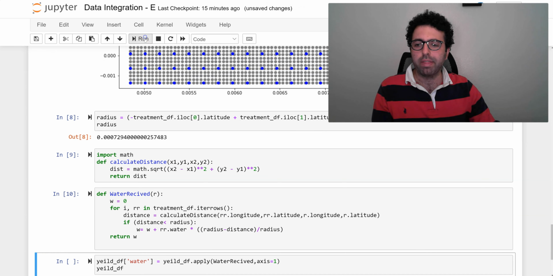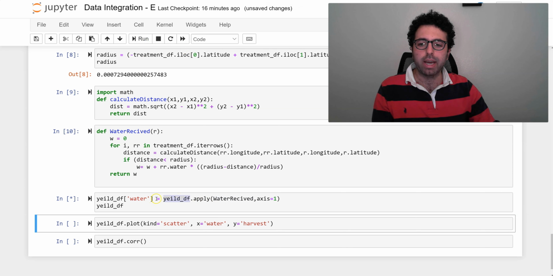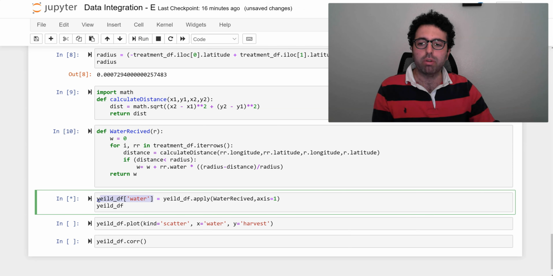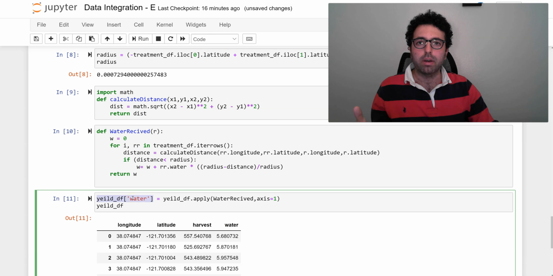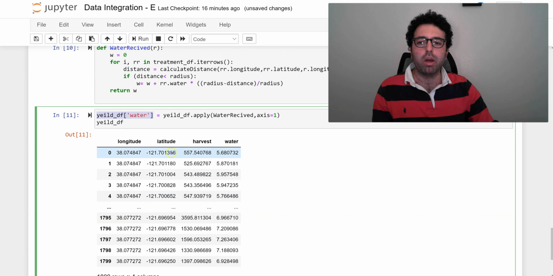Once we run this, we now have this function. Now we apply this function to all of the rows of the yield data. Once we do that, we can put the result of this function into the amount of water this yield data object received throughout this process. And we can see now there is a one-on-one relationship between the harvest and water.